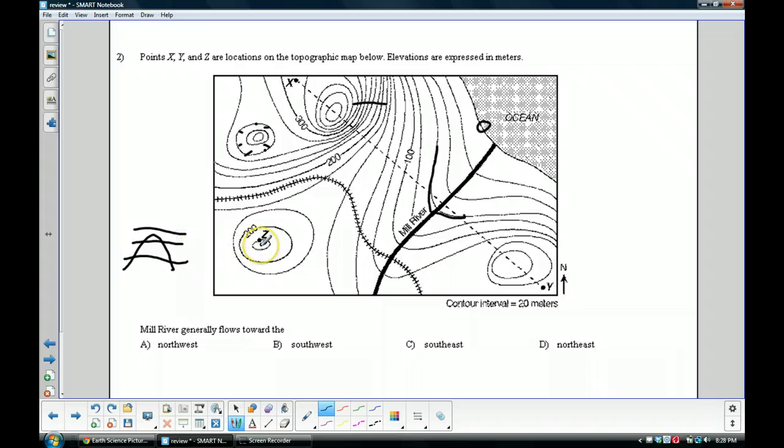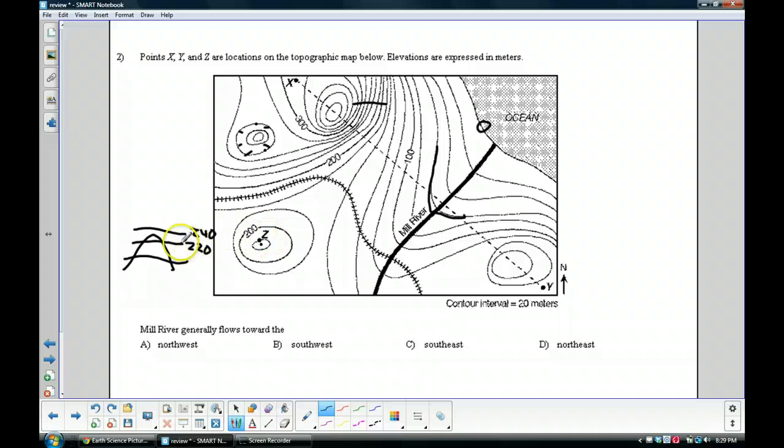But this never gets to 240 because there's no contour line in there. So it's just one less than that next contour line, just a little bit less. This would have been 220. This is 240. So it would be one less than that, so it would be 239. So that's the elevation of the highest point of that hill.